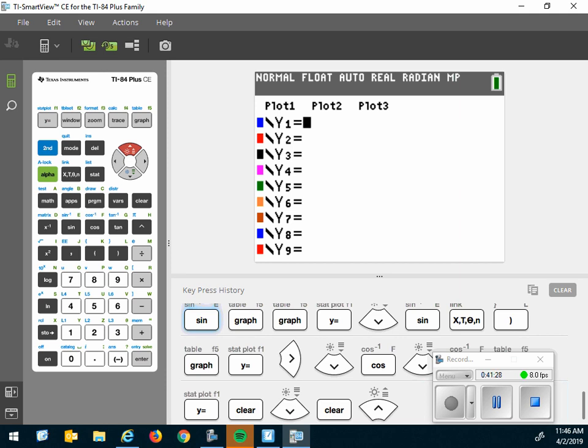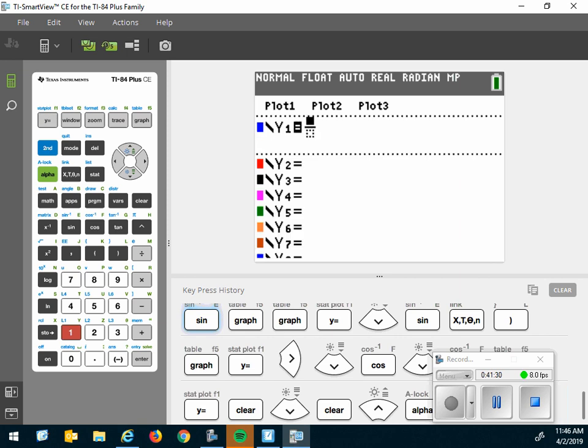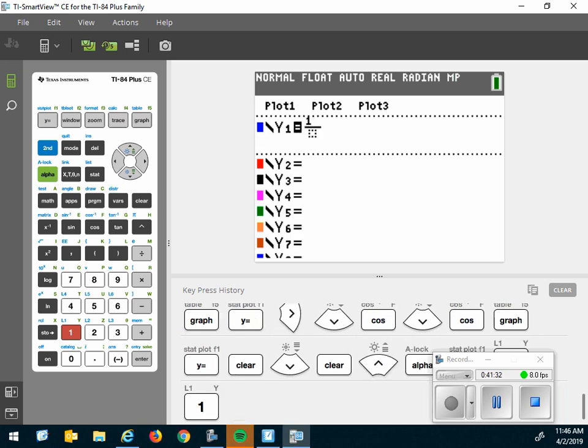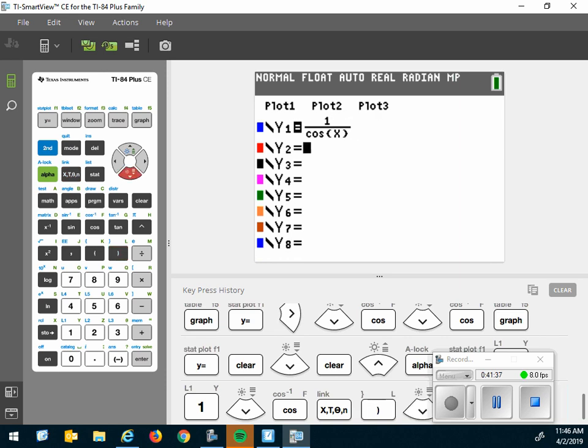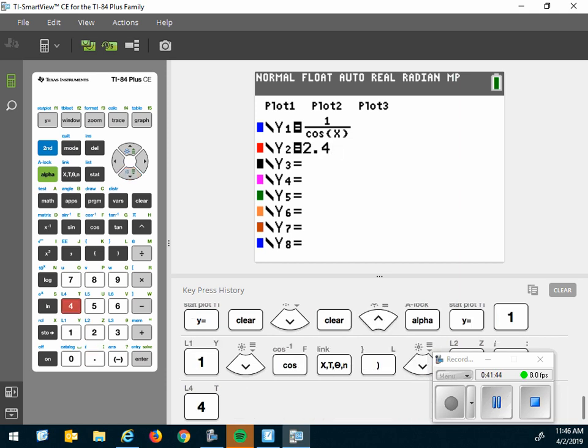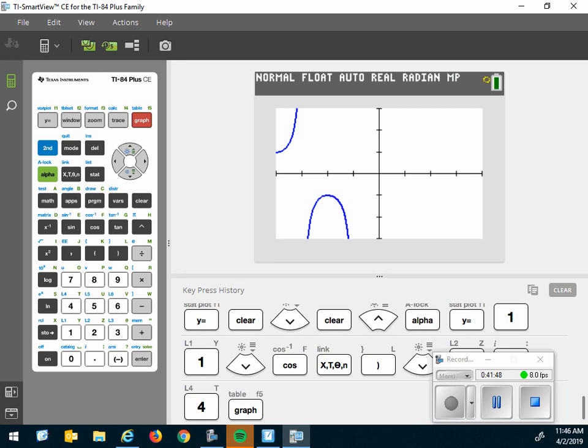So I could graph secant, right? 1 over cosine. And what do I want that to equal? There's secant, and there's 2.4. Find the intersection. Now, we're only looking for one of those intersection points, because what quadrant are we going to be in?